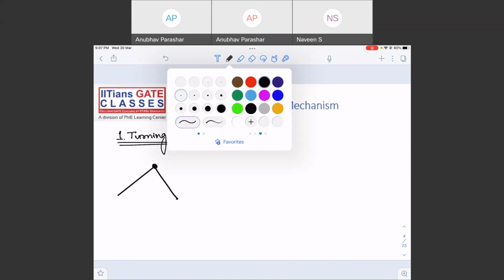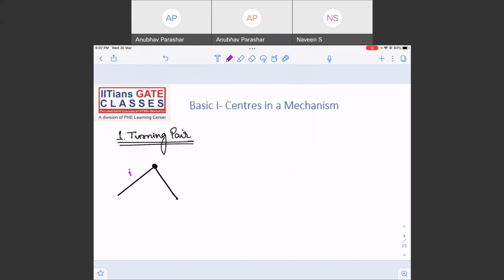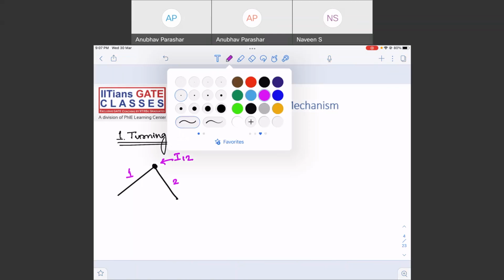So link 1, link 2. The I center is at the intersection point I1. It's a very simple way. If you sit at the hinge joint, you will definitely feel both the links are rotating about the hinge joint, right? Both the links 1 and 2 are rotating about the hinge joint. So for a turning pair, it is very easy to find out an I center.